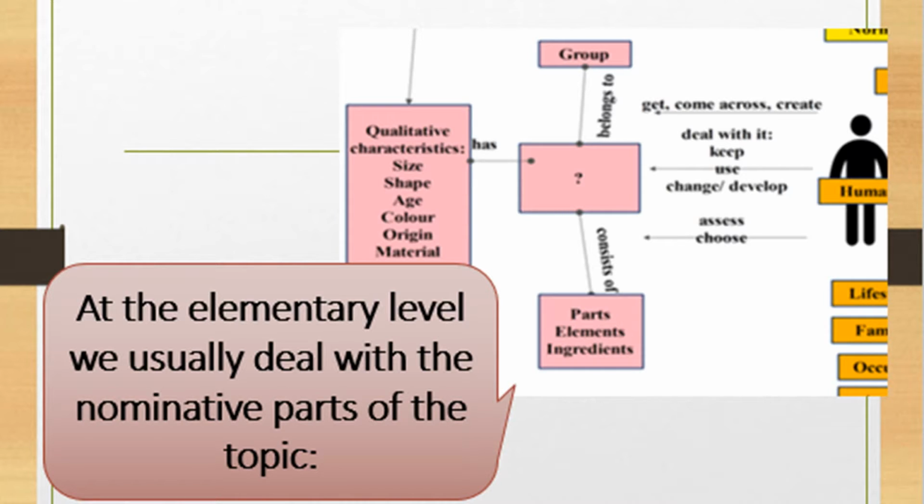Then we can define the word, we can describe it, and also we can talk about some activities that this object makes. For example, a table stands, a table is for something. So that is what happens at the elementary level.